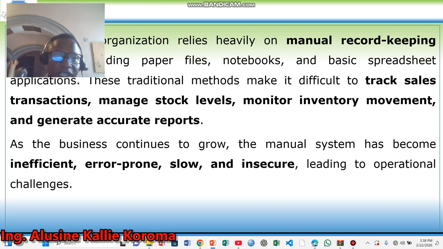The enterprise is currently facing a lot of challenges. One of the challenges is that the organization relies heavily on manual record keeping. Whenever they want to record, they normally do it manually, paper-based, including paper files, notebooks and basic spreadsheets.